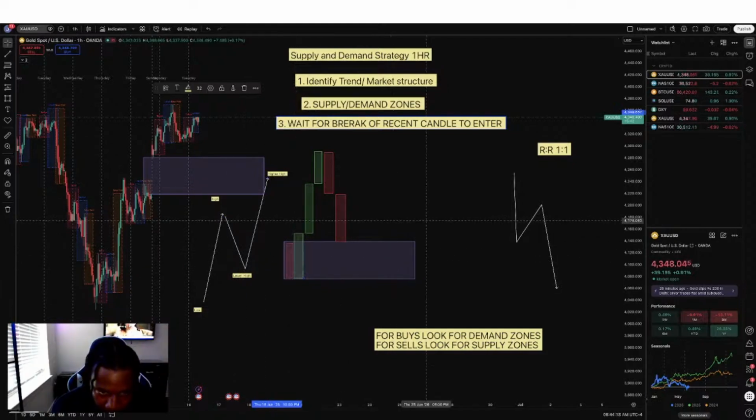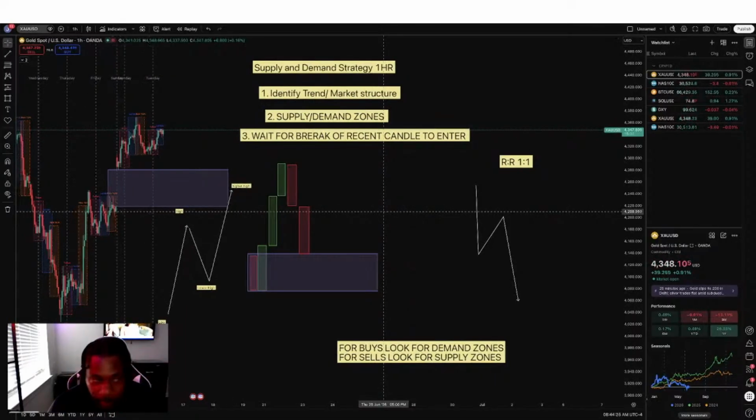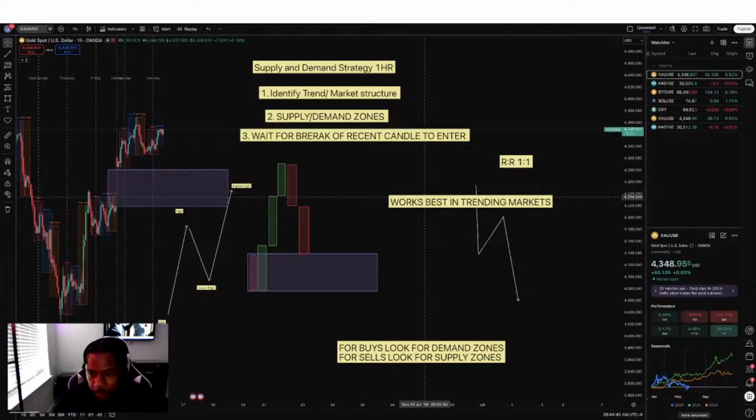All right, demand zone. So this is how you can kind of snipe the bottom of a trend. So this also leads me to saying that this strategy works best in trending markets. Works best in trending markets.